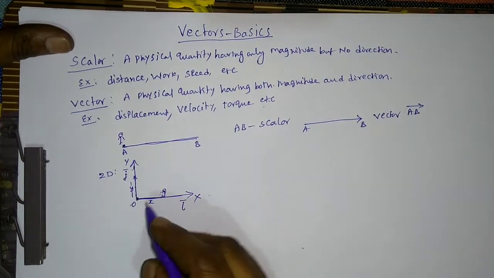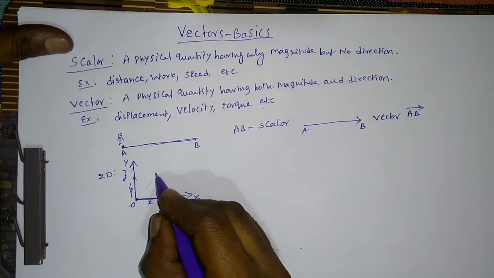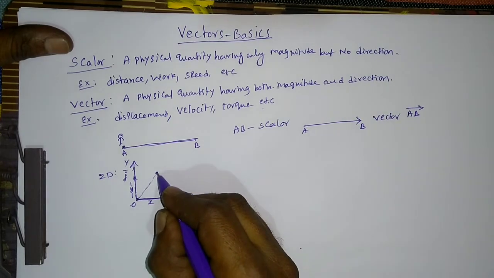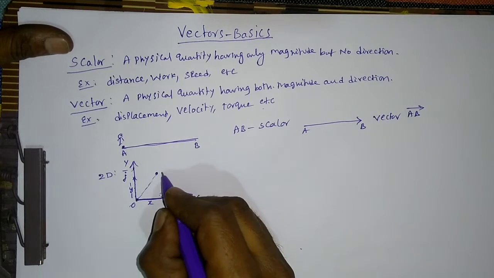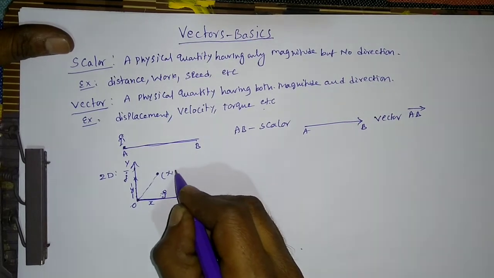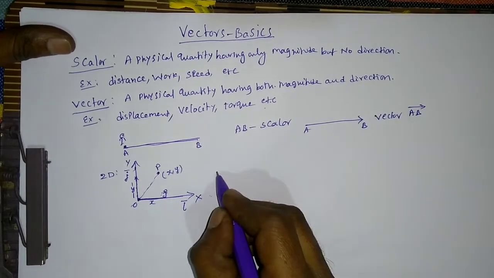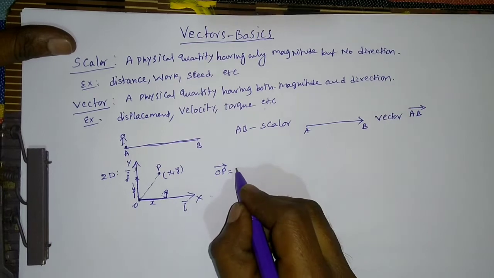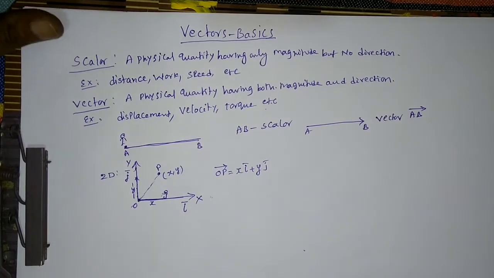That means if the person is moving in this 2-dimensional plane to this point, in the xy plane, this will be represented with the coordinates x comma y. If it is the point P, then the vector representation OP bar will be xi bar plus yj bar.